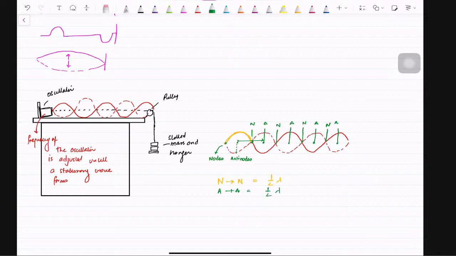Got it? Yes. But between an antinode and a node, only this much wave is there. So it means between node and antinode, it is a quarter lambda. You've got to remember these things. Do you understand, Ikra? Yes. Good.